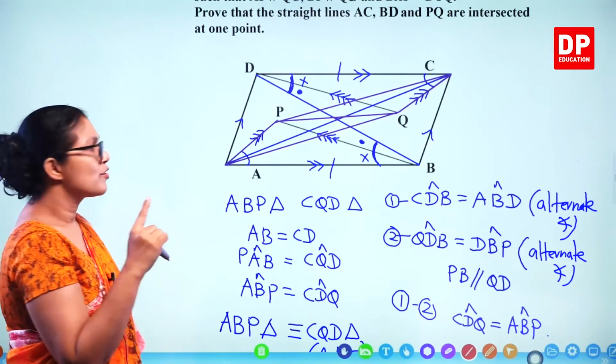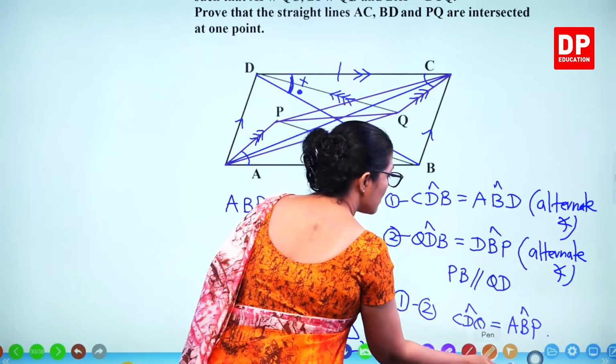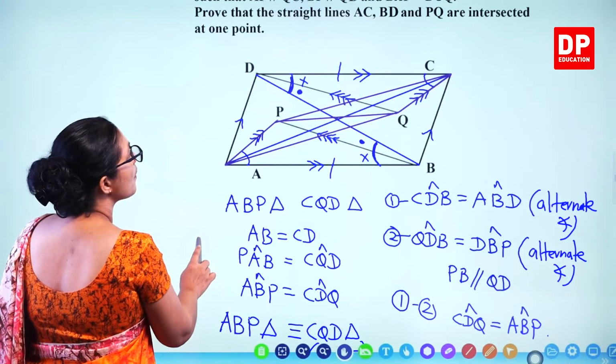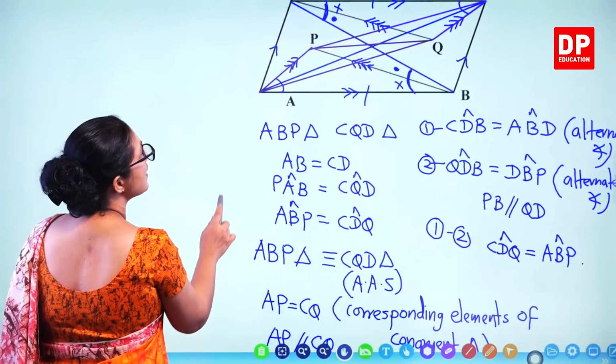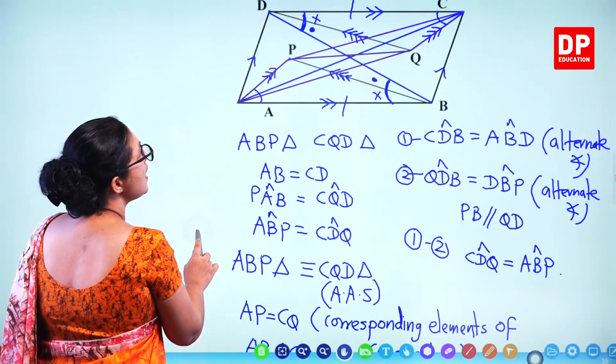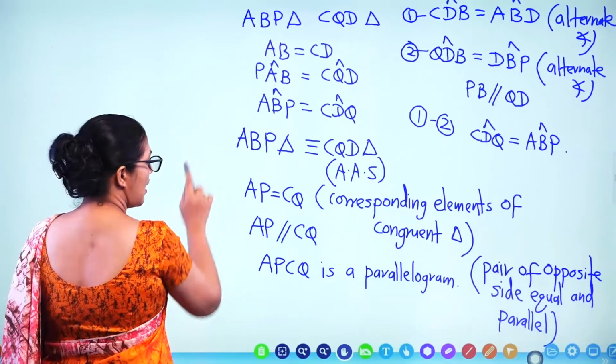So all are passing through the same point. So we can say PQ and AC are the diagonals.